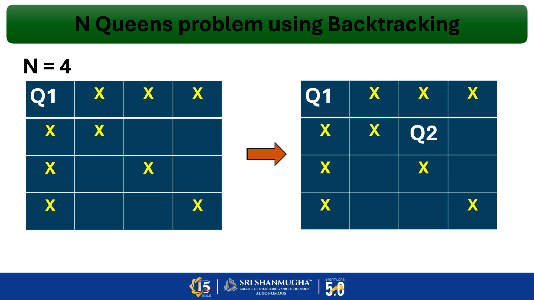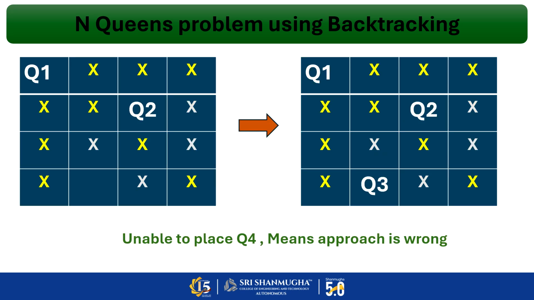In the second row, third column is empty, so I am placing Q2 over there. But when you place Q2 there, in the third row, what happens? Diagonally Q2 will come and attack. I will show you in the next picture. As I mentioned, Q2 will affect Q3. That is, in the third row, I cannot place Q3.